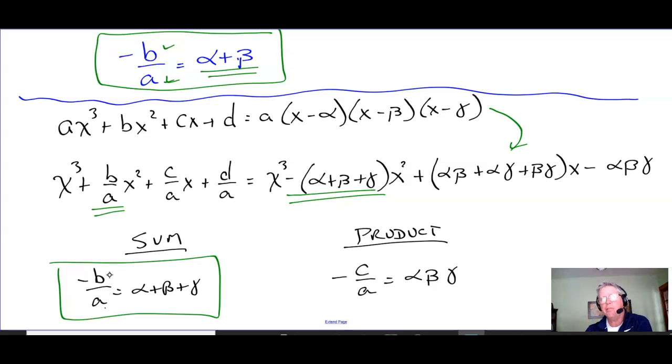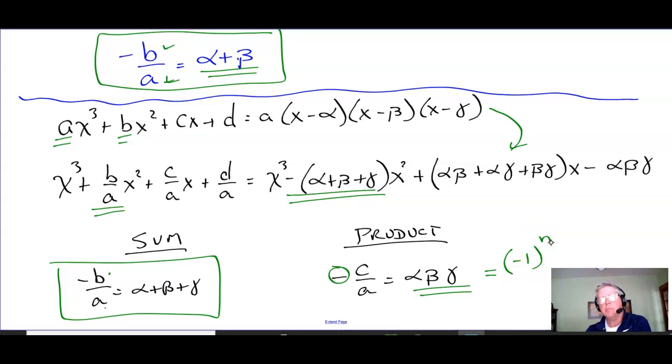I like negative b over a because it really connects those first two, instead of a sub n and a sub n minus 1. Totally up to you. This one though, the product changed. This negative came into it. So if you go back to the formula pages where they just give you the formula, they give you negative 1 to the n.